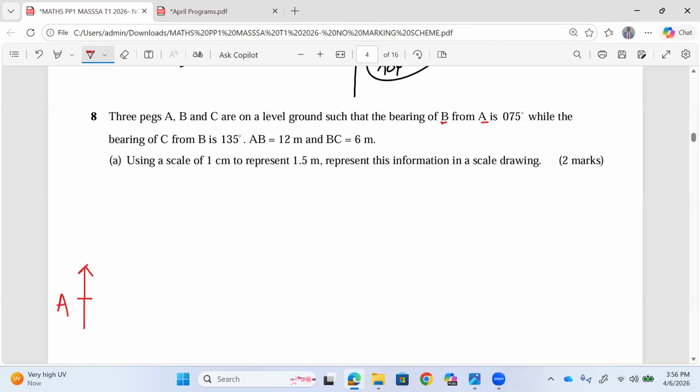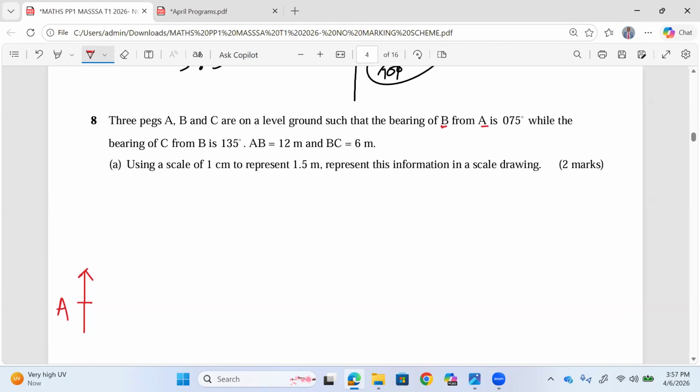You see, we are given the bearing of B from A, which means A is our original point. Even if B is mentioned first, I want to give you this precaution: A becomes our reference point because the position of B is given with reference to A. So we measure 75. Remember 075 means true bearing, 3 digits and measured in the clockwise direction, strictly from the north.